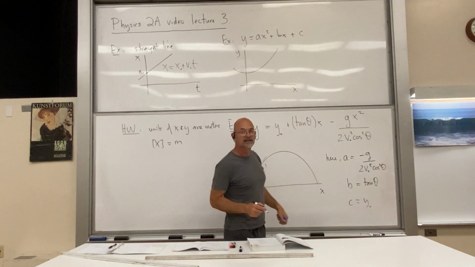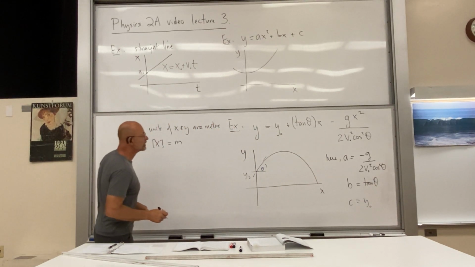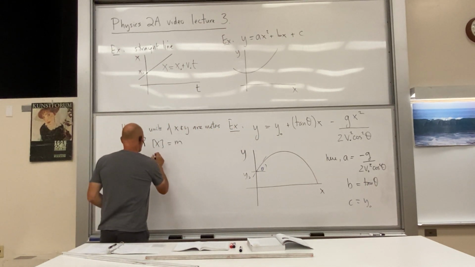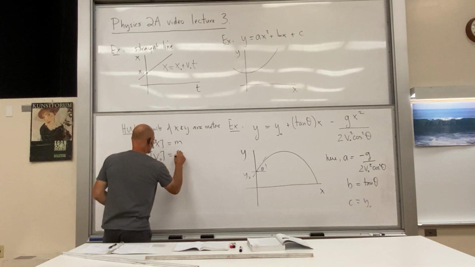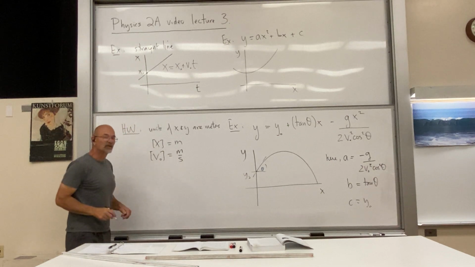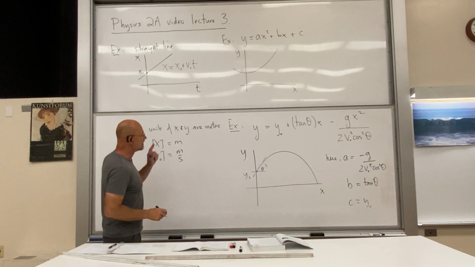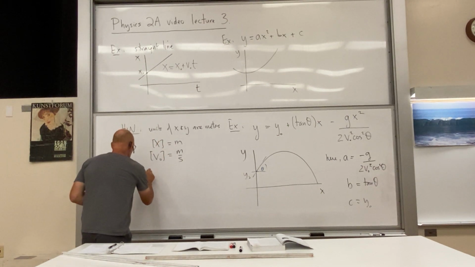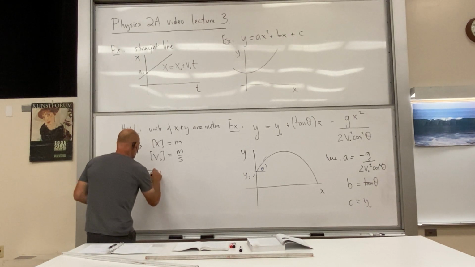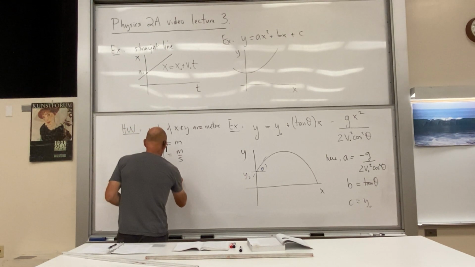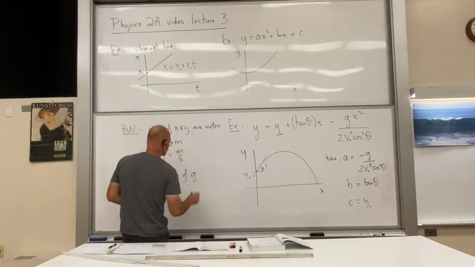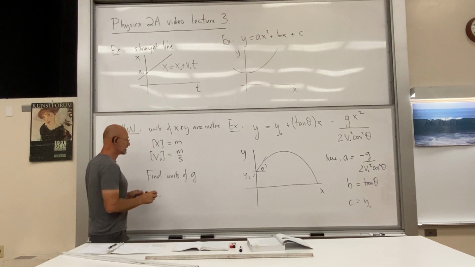Trig functions are dimensionless, have no units. v0, as we saw last time, has units of meters per second. So the homework is to find the units of g. Find units of g.